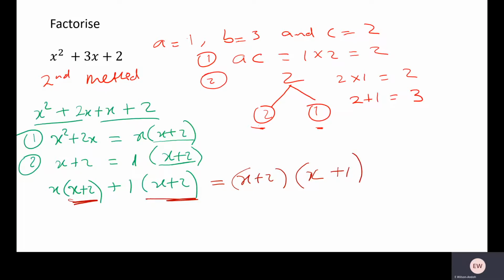So this is our factorization for the expression on top. And to check whether your answer is correct, you expand the two brackets. And if you don't know how to expand, I have told you to watch my video. And this answer is the same as what we have in the first method.